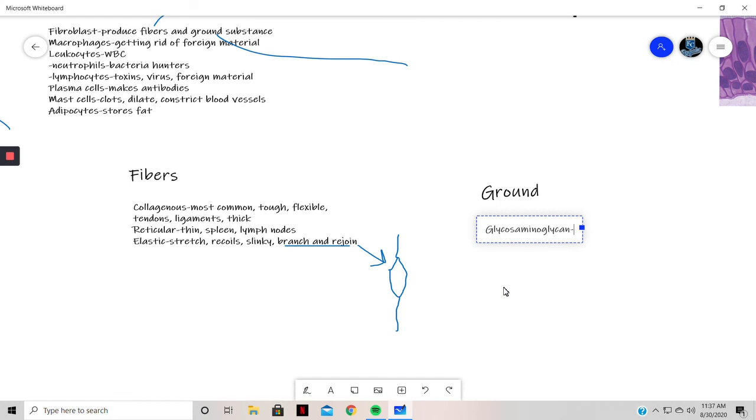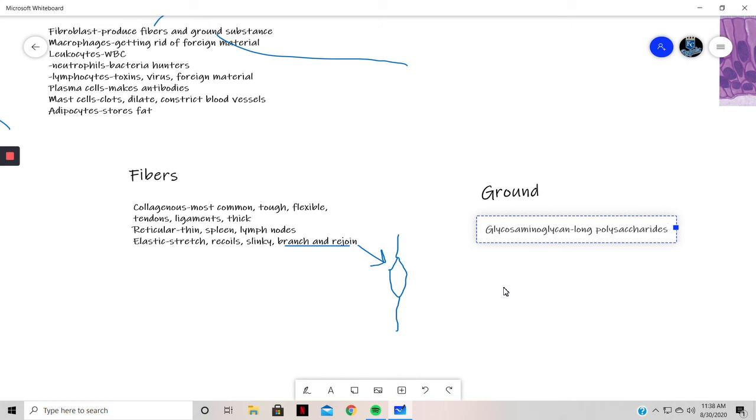But these are pretty unique types of substances. I don't want to say the word fiber because they don't need to go in the other column. But unique substances because they combine things that aren't typically combined. And I'll explain that here in just a second. But these are long substances and polysaccharides. Okay, long polysaccharides.